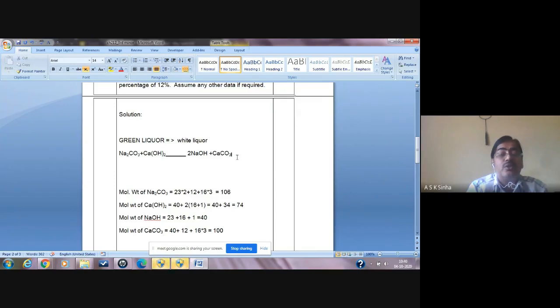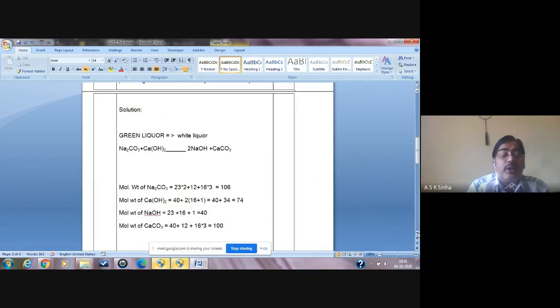Further, it is reacted to form calcium oxide, and calcium oxide is again dissolved in water, forming calcium hydroxide. So it is a closed loop cycle. Nothing will go out of the industry, everything will be recycled here, and that will save the environment also. So let us focus on the reaction here.